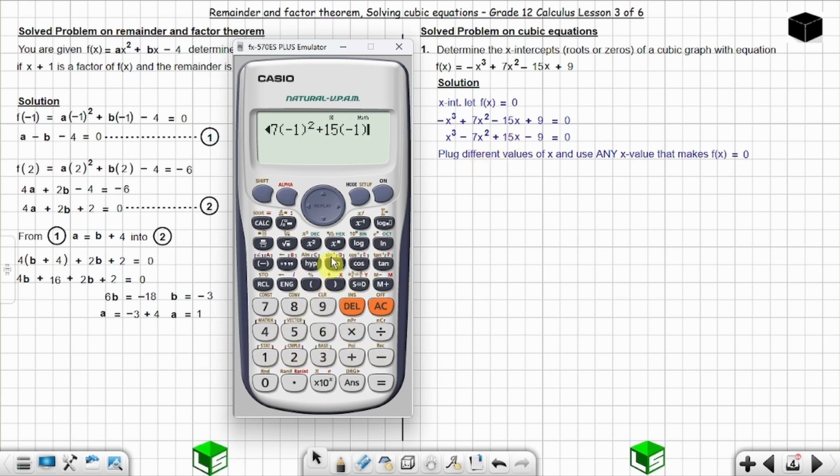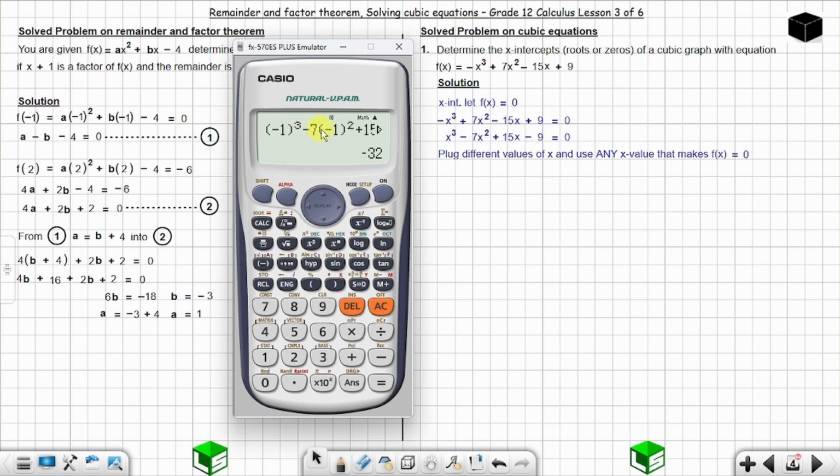So you are plugging -1 wherever you have x. Minus 9. This is equal to -32. So this is not 0. -1 does not work.